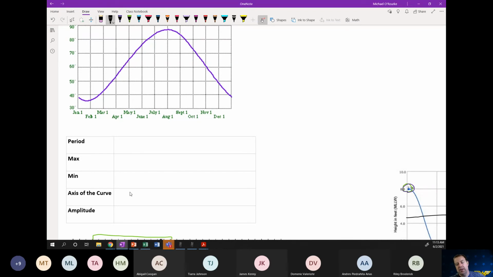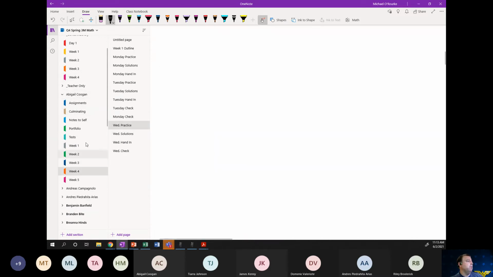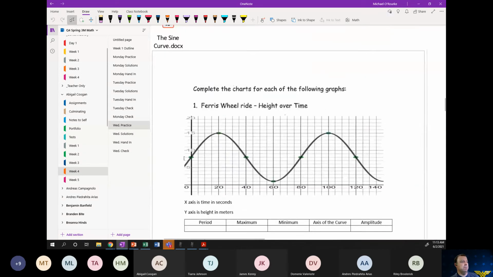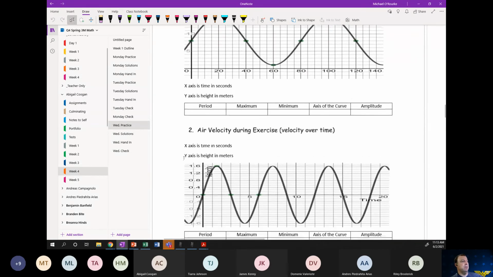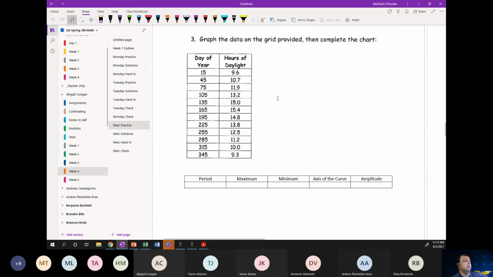Perfect. All right, so if you're comfortable with it right now, you can go to your work. Week 4, Wednesday practice. I think I gave you 3 questions on this. There's a Ferris wheel question, a velocity during exercise question, and then one you may have to sketch out yourself, unless you can figure out the numbers by yourself.